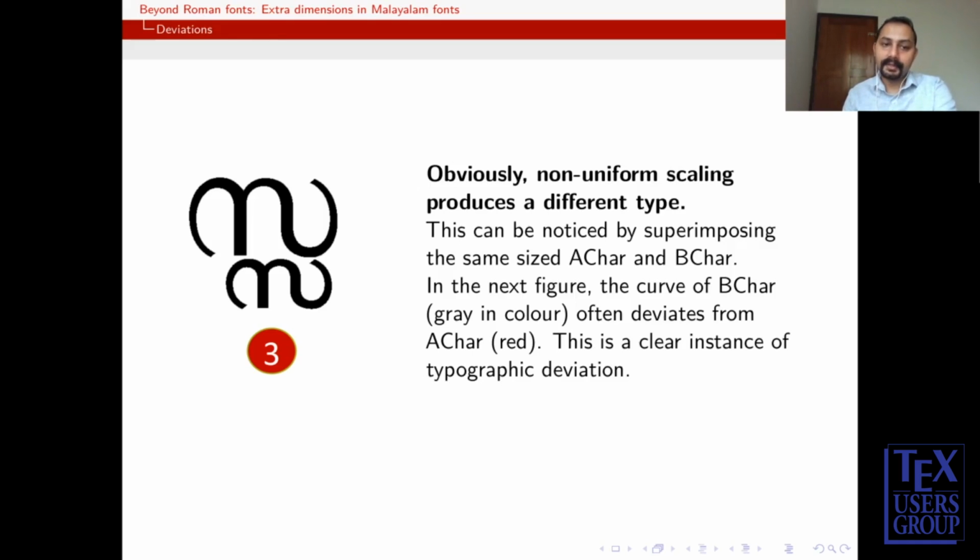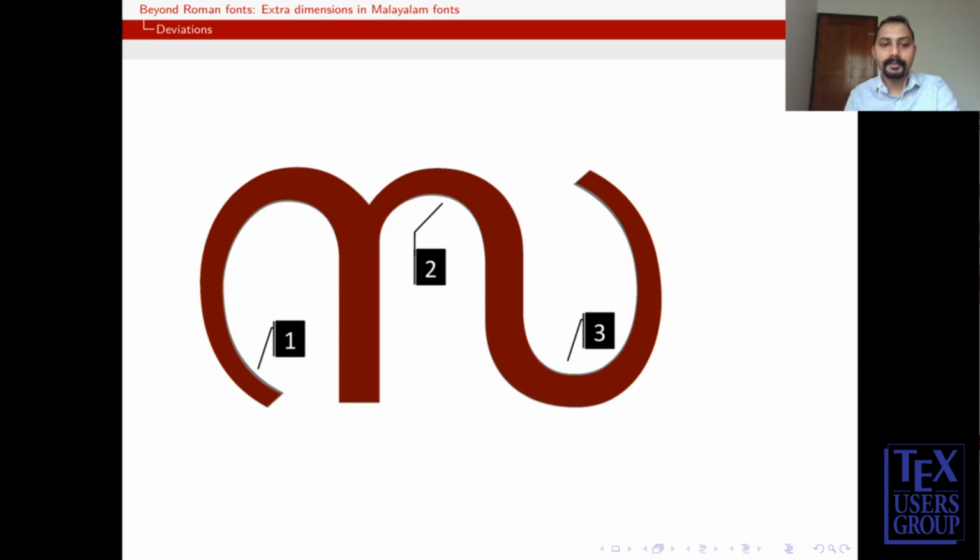When we say that the below base character's shape is actually changed, I will zoom in and explain it in detail in the coming pictures, where the red color glyph is the above base character, the grey color glyph is the below base character, and you can notice that the below base character's thickness, the stroke width, differs in various places, especially in places 1, 2, 3, and there is also the top of the tail end.